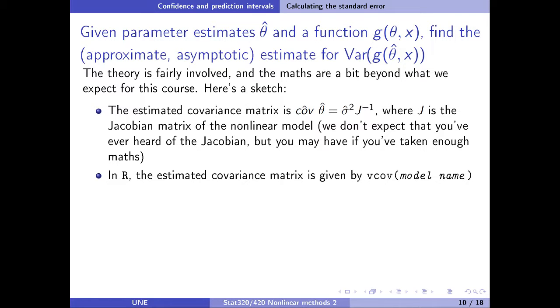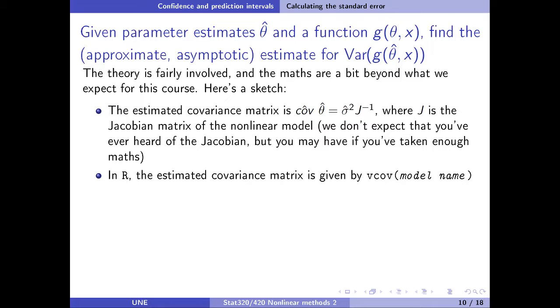We need to know the estimated covariance matrix of theta hat. So the covariance of theta hat equals sigma hat squared times the inverse of the Jacobian matrix. Now, we're not going to worry about the details of that. It's going to be based on partial derivatives of our model and the data we have. You've possibly run into a Jacobian matrix before, but don't worry if you haven't.